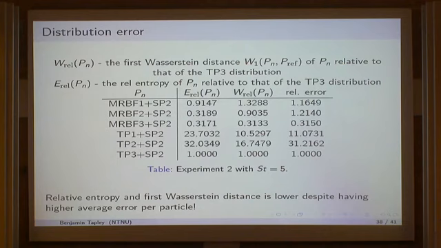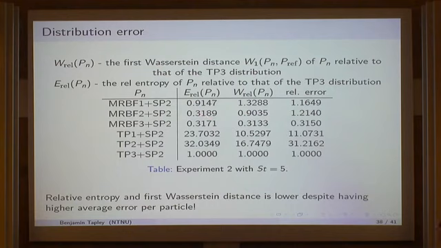So the main thing to note here is that the MRBF2 solution has worse relative error when you measure all the particles relative to the reference. But the Wasserstein distance of this distribution is actually better than the tricubic solution. That's quite interesting. And same goes for the relative entropy.